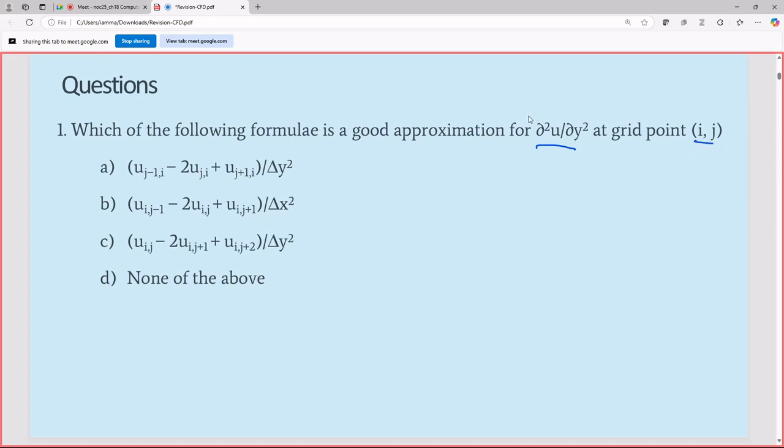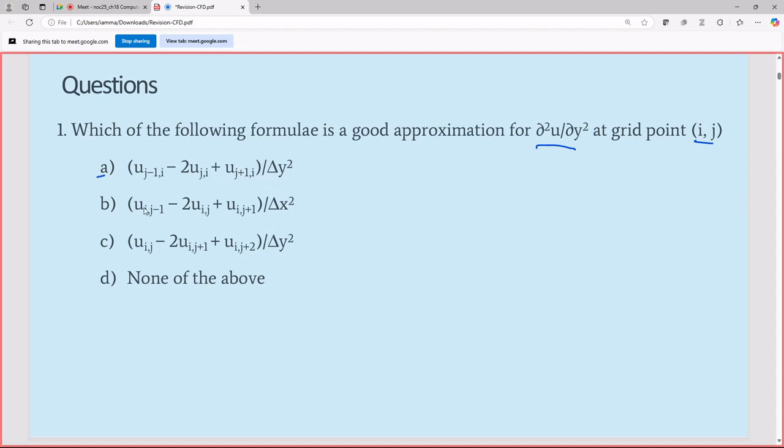So the question is asking which among the following is the best discretization for this particular partial differential term. Option A: (u[j-1, i] - 2u[j, i] + u[j+1, i]) divided by Δy².